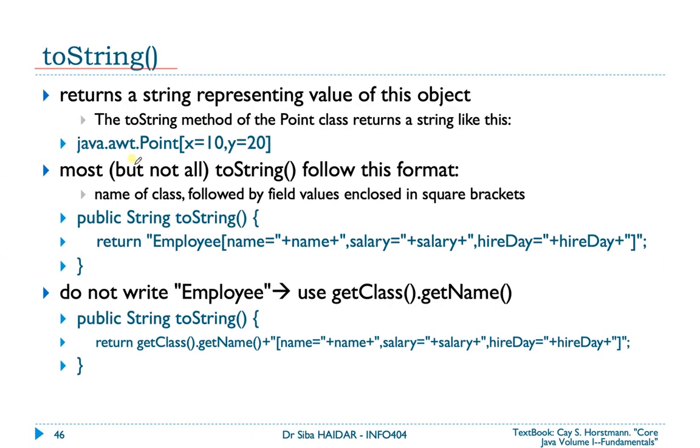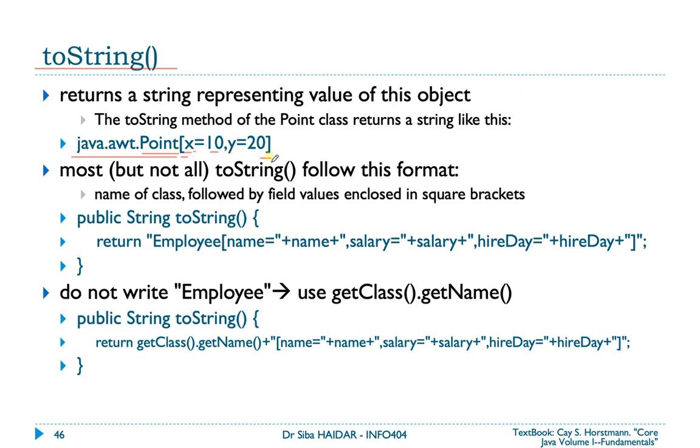For example, the class Point takes inspiration from this implementation in order to override it and keep the getClass().getName() and then square brackets, and then comma-separated pairs of field name, equal sign, and field value.